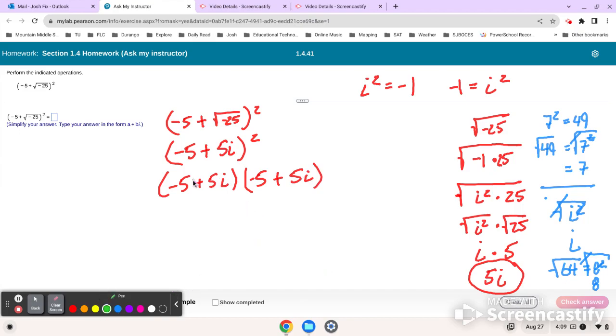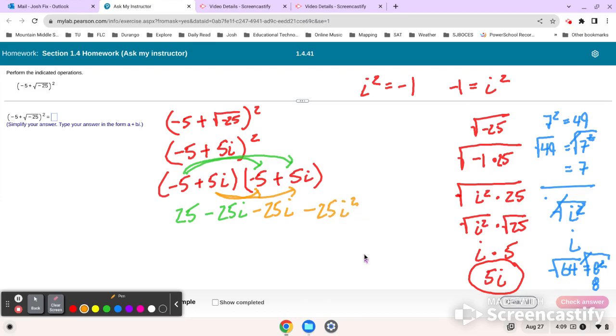So we distribute, or FOIL, we should say. A negative times a negative is a positive. A negative times a positive is a negative. Then we take the positive times the negative, so I get -25i.